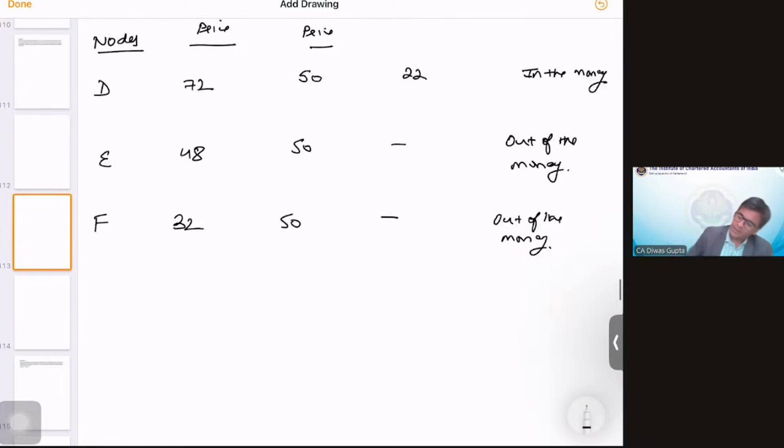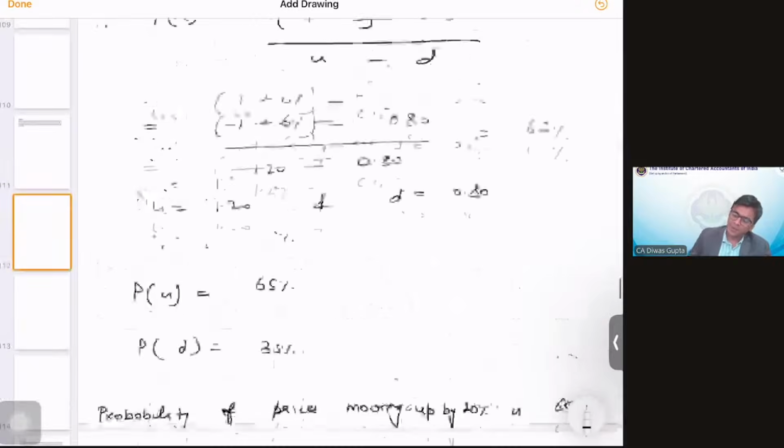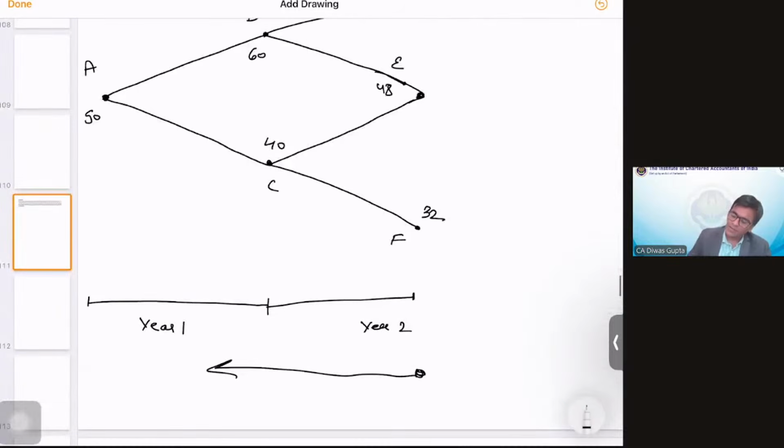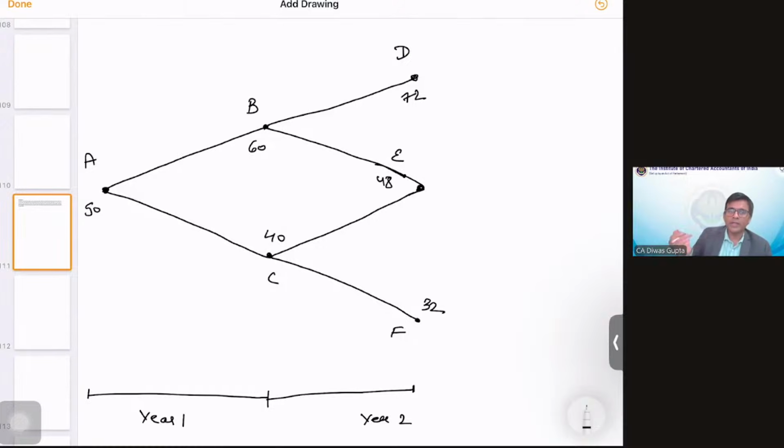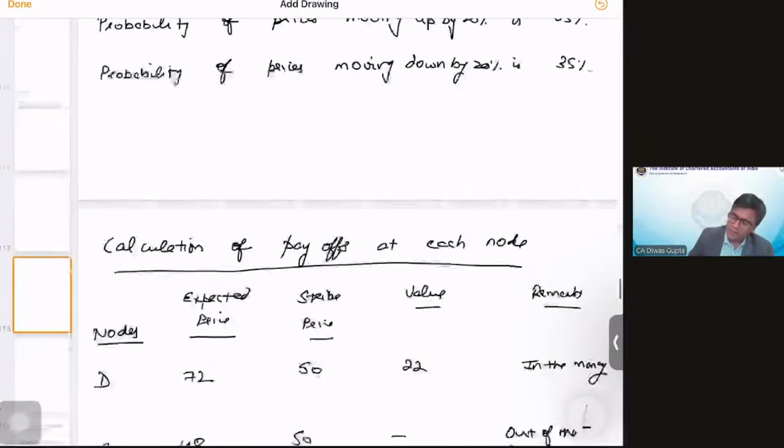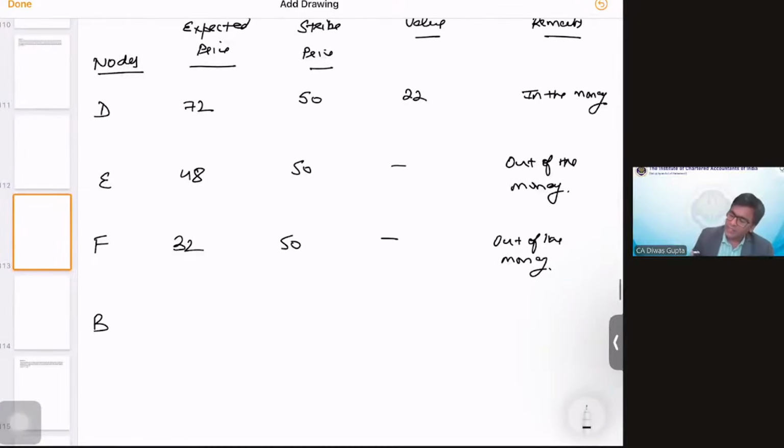Perfect. Now, let's come to the B node. So the B node will be what we have studied earlier. Since the B node is lying in the first year, it will be the weighted average using probability of these different nodes' values taken at present value. That will be the payout at B node.